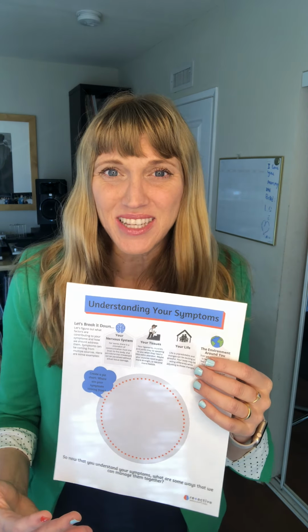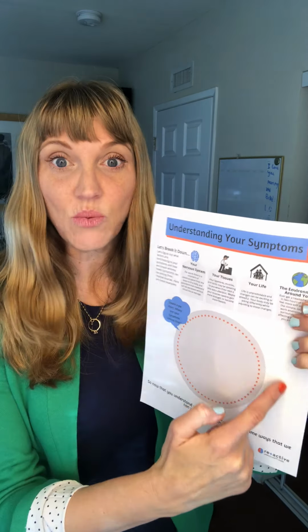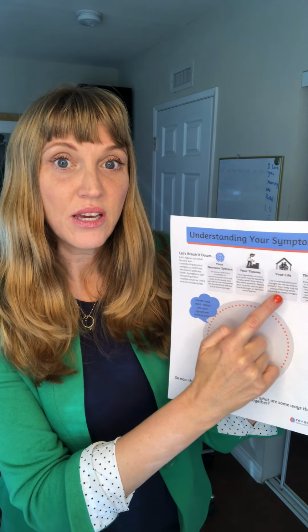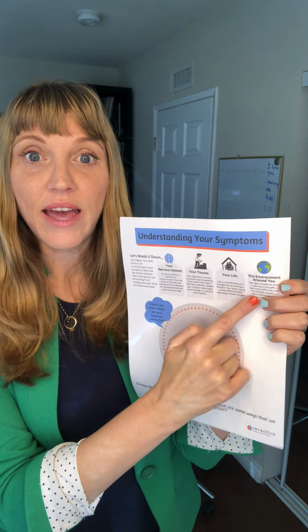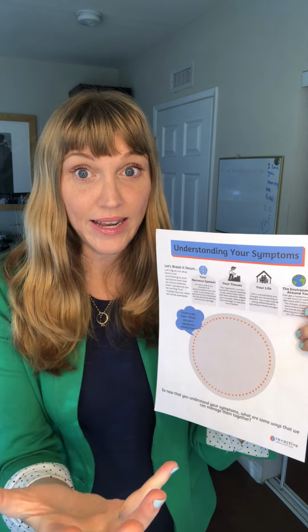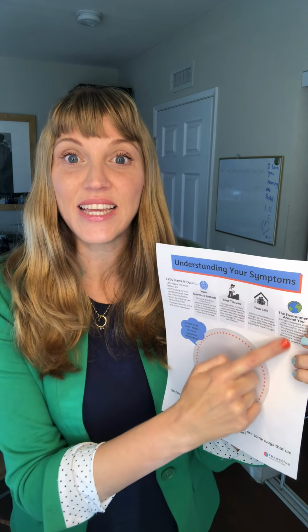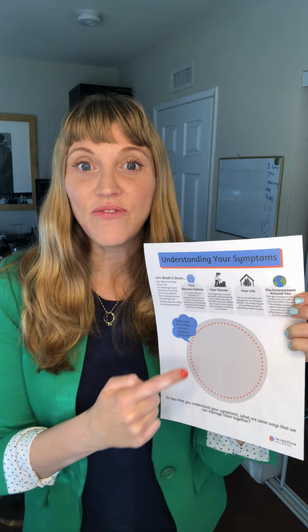We use pie charts a lot, and this is one where they actually create the pie chart and say, I think this difficulty that I'm having has this much to do with my nervous system, my tissues, things going on in my life, and the environment around me. And right now, in the midst of this pandemic, a lot of people are noticing how much the environment and what's happening in their life is affecting their function.